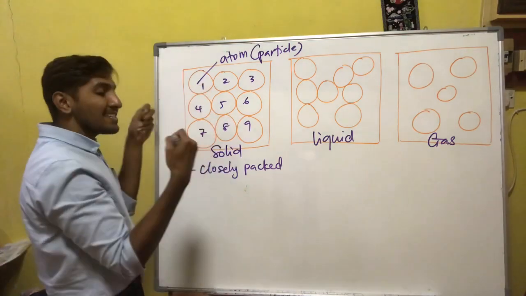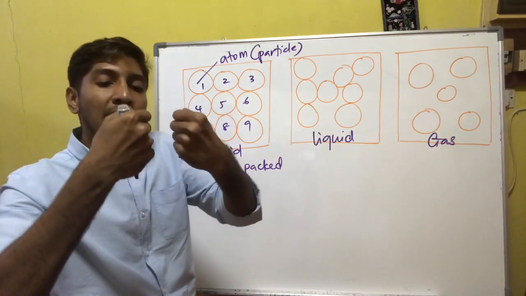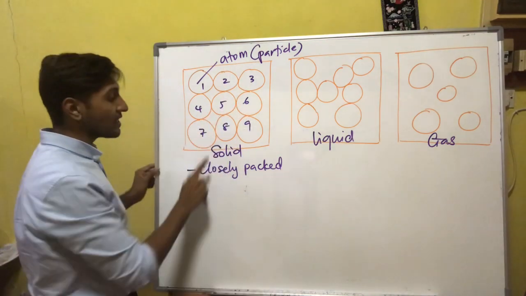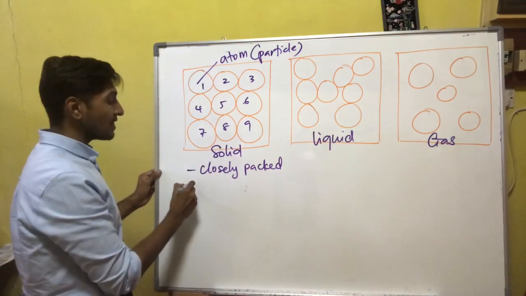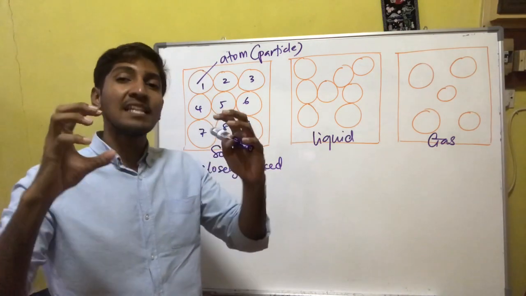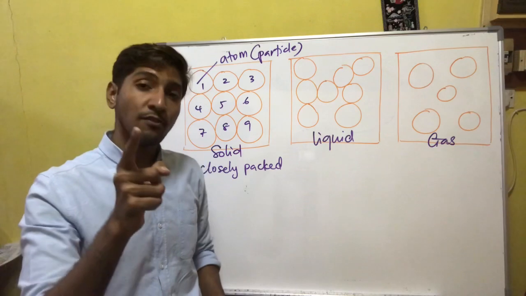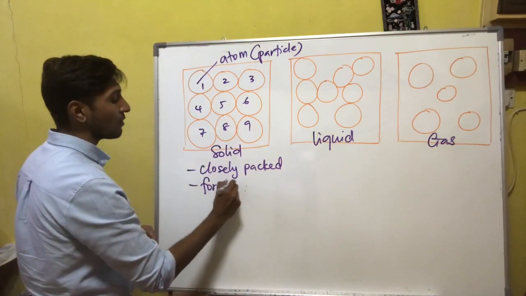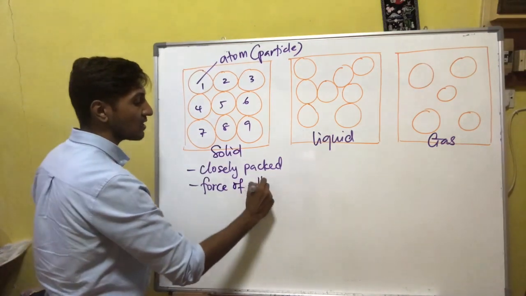They are not stuck to each other, but they touch and are closely packed. So one characteristic is that they are closely packed. When two or more things are closely packed and attracted to each other, what force would it need? Of course, it needs a force that we call the force of attraction.